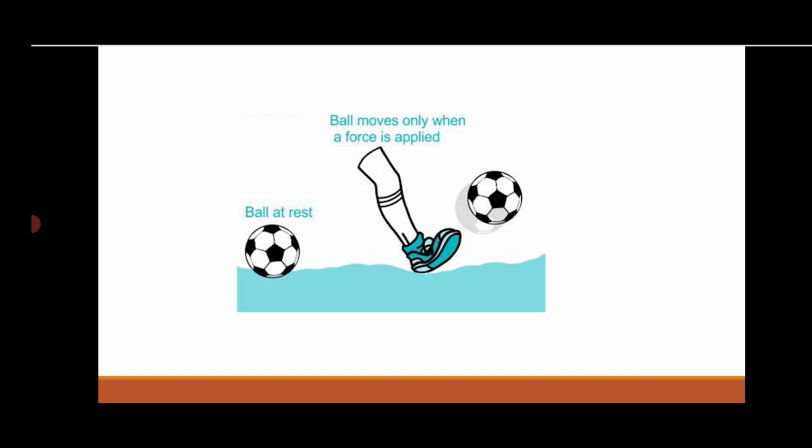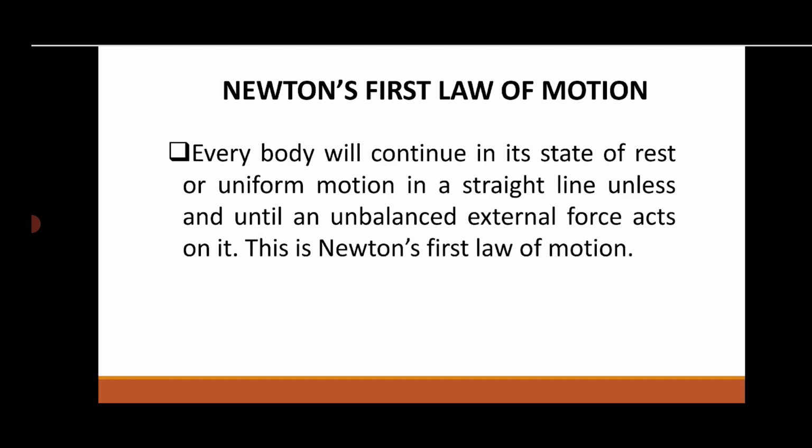Now we can define Newton's first law of motion: every body will continue in its state of rest or uniform motion in a straight line unless and until an unbalanced external force acts on it. This is known as Newton's first law of motion.